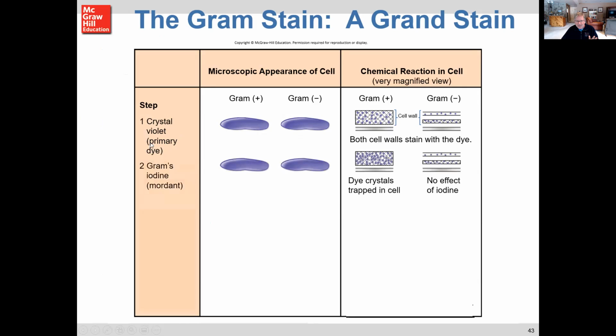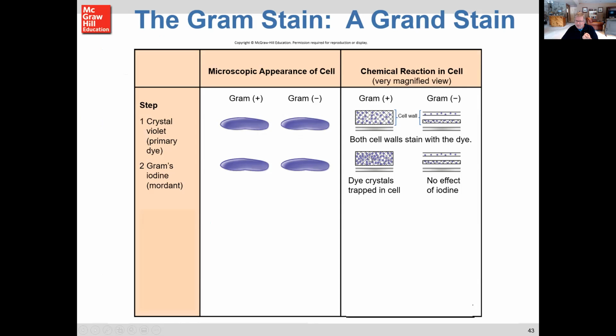After the crystal violet is added, the primary stain, then we use what's referred to as a mordant called Gram's iodine. What this basically does is help to form what are called complexes within the cell walls of these two categories.